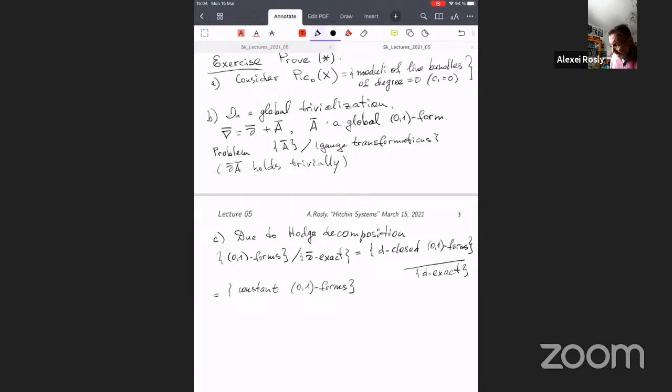You can simply say the following. For the cohomology group on the right-hand side, d-closed modulo d-exact, each cohomology class is characterized by integrals of one forms over curves. All right?